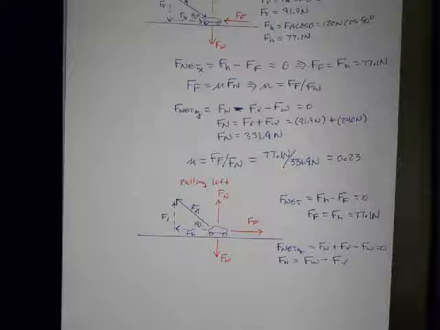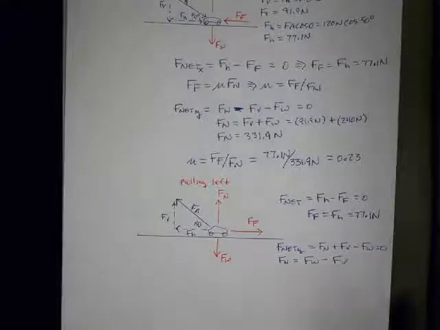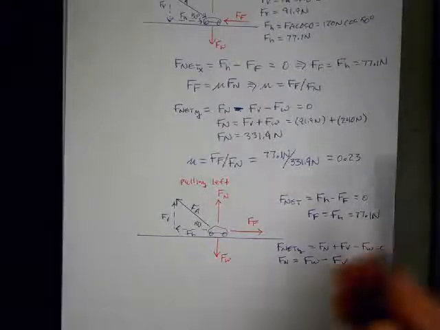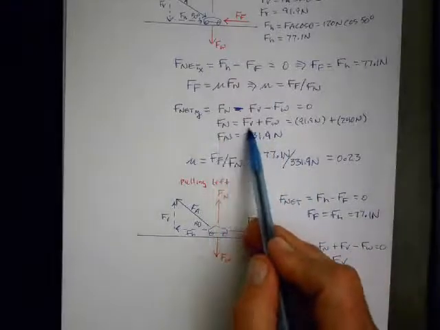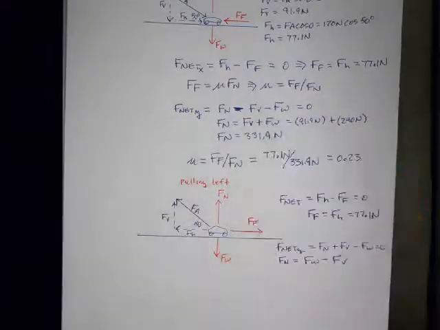And since friction is related to the normal force, you are reducing the effective amount of friction in the process. So in the pushing world, the normal force is the vertical component plus the weight. In the pulling world, the normal force is the weight subtract the vertical component.